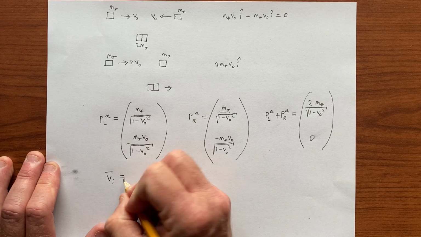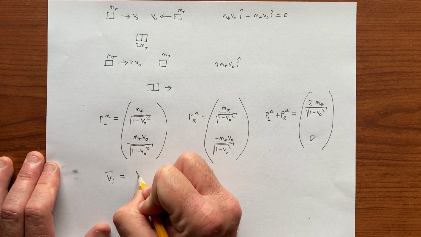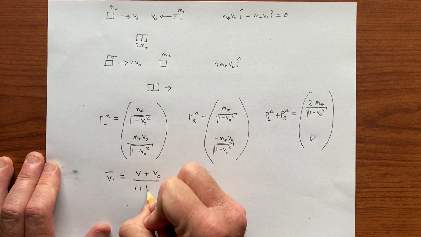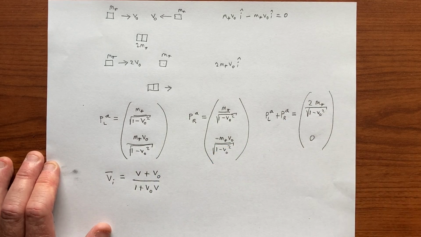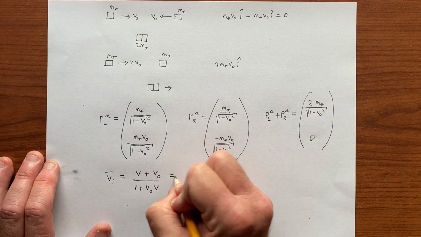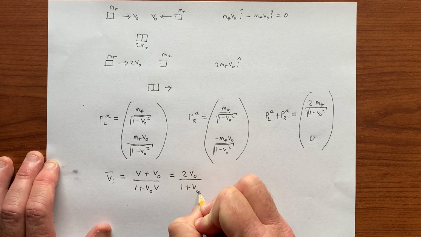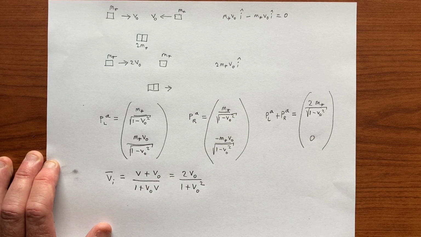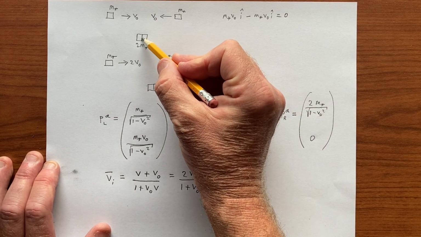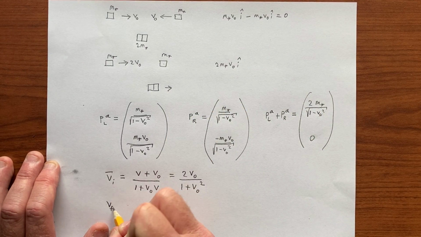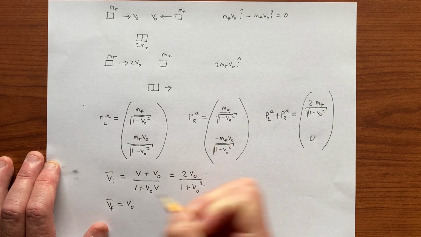So the other object will have a speed given by v plus v naught over 1 plus v naught v. And of course v is v naught, so we get 2 v naught over 1 plus v naught squared, if I did that correctly. And after the collision, from one perspective it's 0, and so from the other perspective that needs to simply be v final bar is v naught.